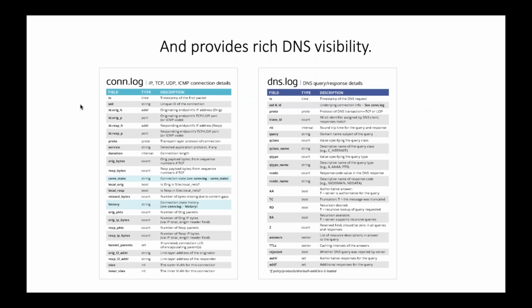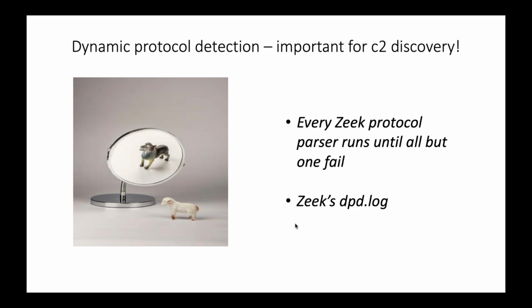And we give you the level of visibility at that DNS layer that we talked about being so prevalent earlier, so that you can see information about the query, the response, what type of record it was. All of those little details that Chris was pointing out earlier as subtle ways to detect a malicious tunnel as opposed to regular DNS are going to be there in the data that's extracted.